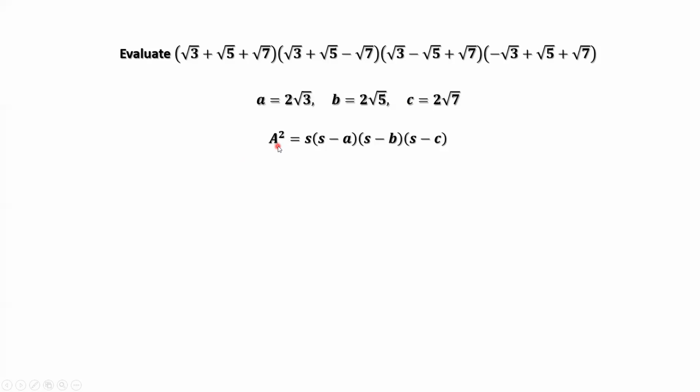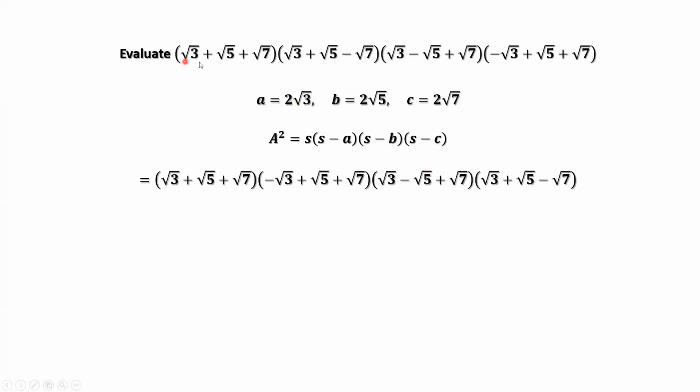The area squared, we use Heron's formula. It is equal to S times S minus A times S minus B times S minus C, which is the same as this expression. We want to derive the answer.